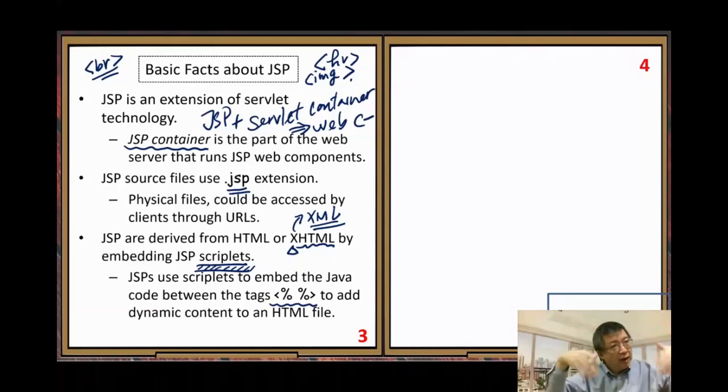This kind of tag pair defines JSP scriptlets. Then we put the dynamic content inside the tags, the content part.